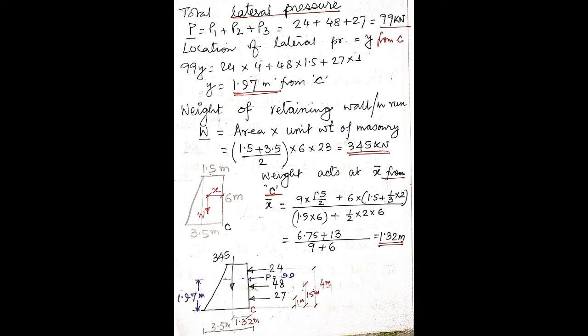First you take the rectangle. What is the rectangle? 1.5 meter width and 6 meter height. So what is the area? Area will be 1.5 into 6, that is 9. Now A1 x1 plus A2 x2 divided by A1 plus A2. In this way we find the centroid, correct? So A1 is how much?